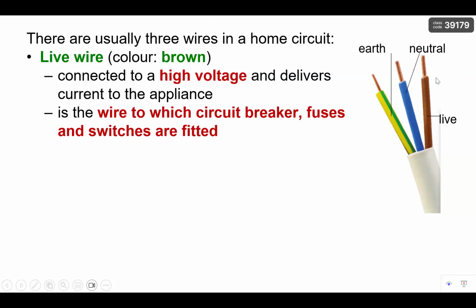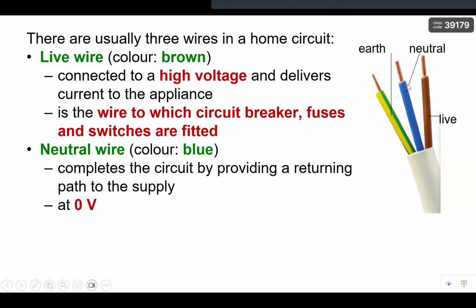Okay, the next 2 wires are not dangerous, the blue and the yellow and green wires. The blue wire is called the neutral wire, is at 0 volts. Okay, so it doesn't have any voltage. So even if you touch it, nothing is going to happen to you because it has 0 volts. There's no energy that pushes the charge to go through your body. Okay, so what does the neutral wire do?